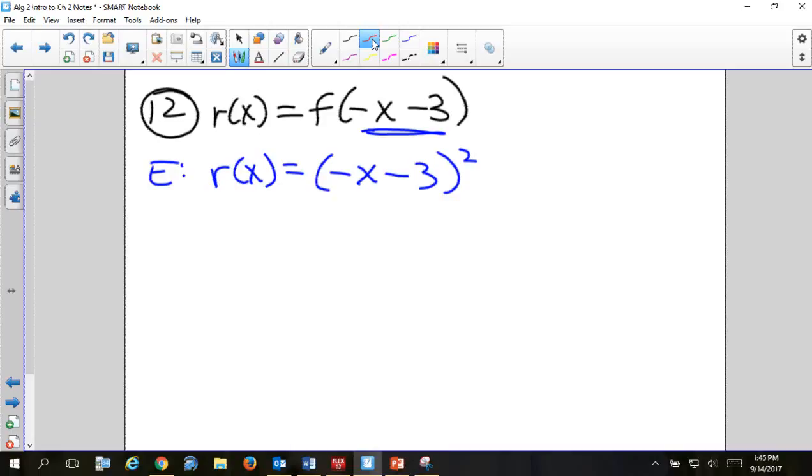There is this special case where if I have a number in front of the x and I have a number translation with the x, if I have both, I have to do what's called factoring.